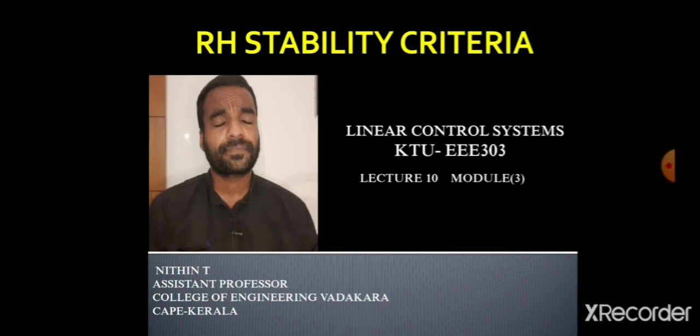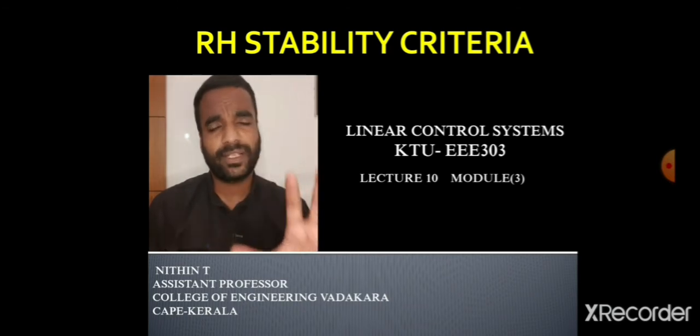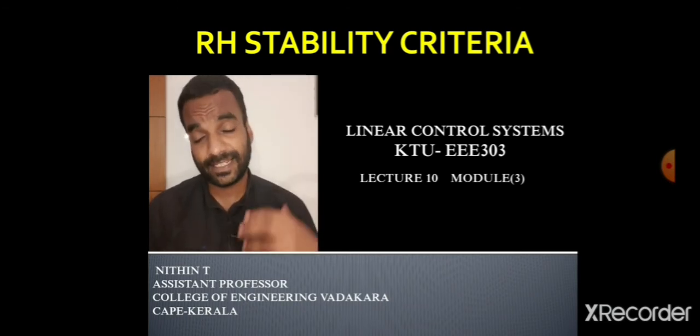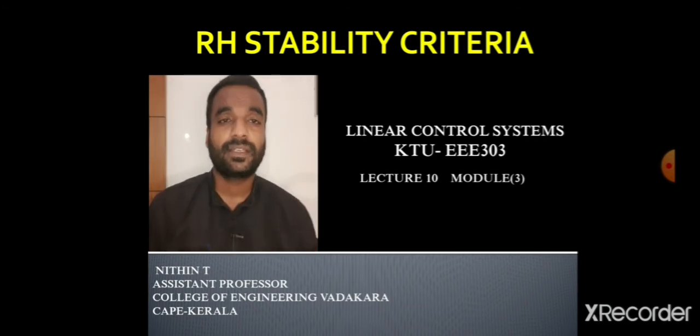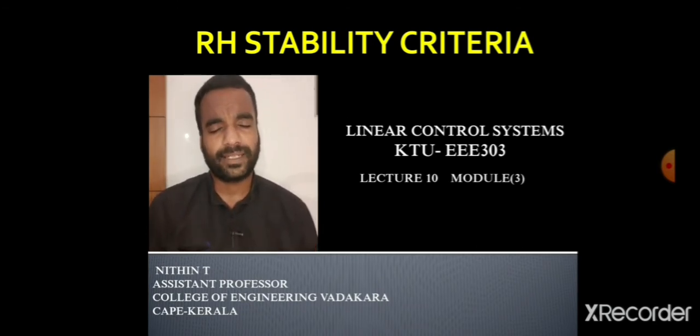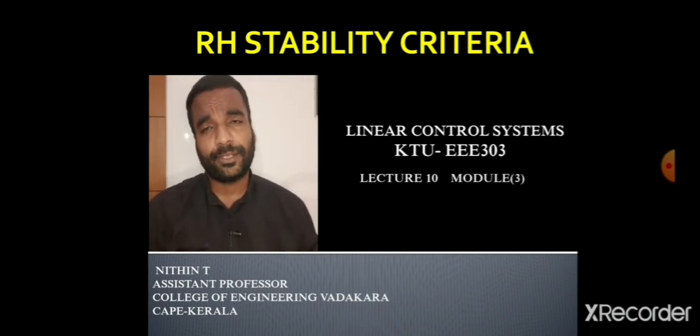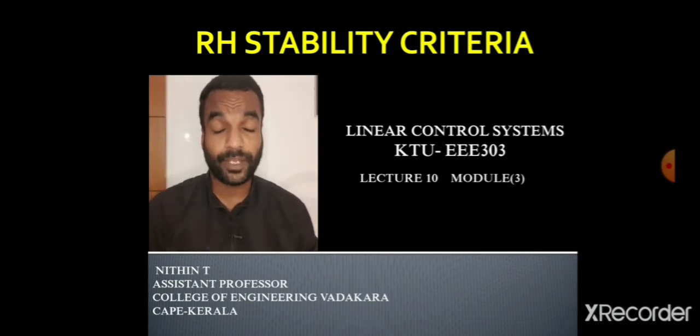Now, in the last class we discussed broadly how we can comment about stability by marking the poles from the pole zero plot, or we can also find the response of the output y of t.